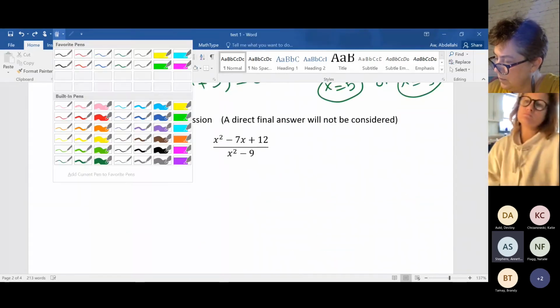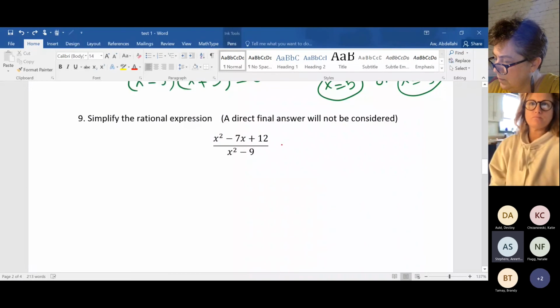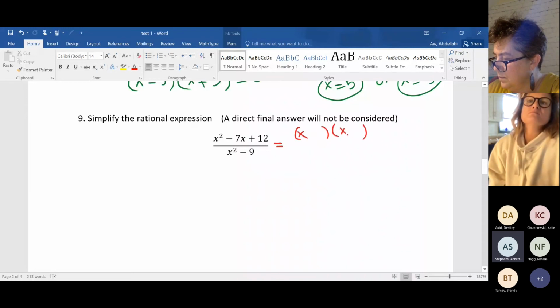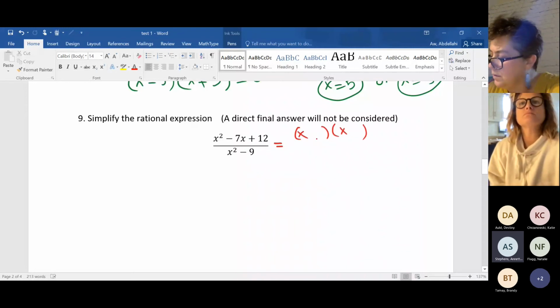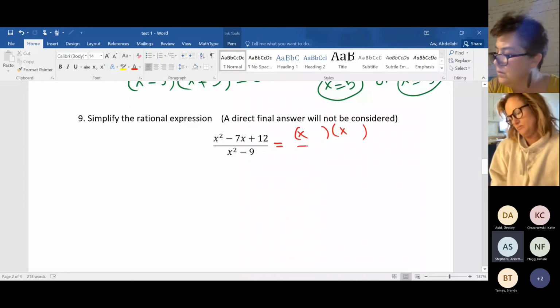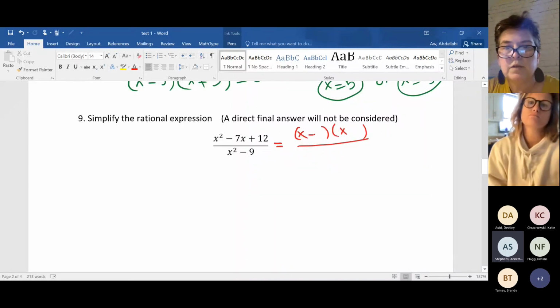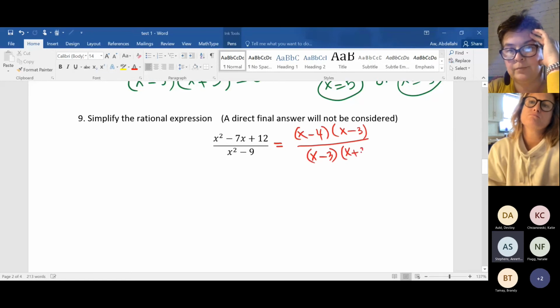Now for this case here, the numerator is kind of simple to factor. It's x here, x here. The two numbers are? Negative 4, negative 3. And then the denominator, how do you factor the denominator? Difference of squares. It's x minus 3, x plus 3, exactly.